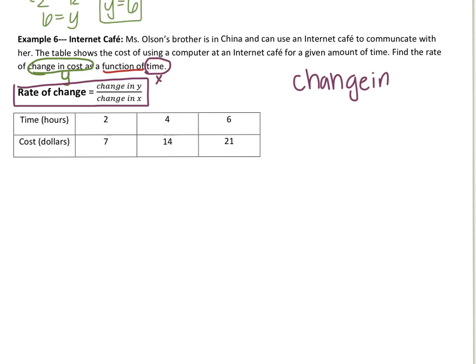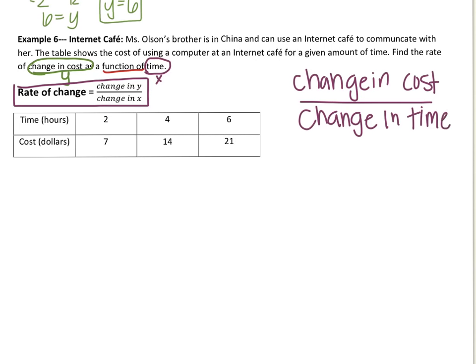Sometimes it's a lot of work to write change, so if you want, you can use the symbol delta. It's just a triangle. Sometimes I think it's fun to put a smiley face in there. That's not really mathematically what it should look like, but it makes it a little more fun.